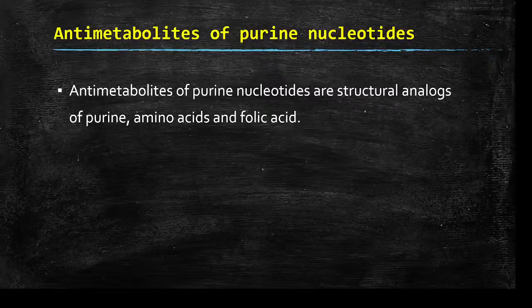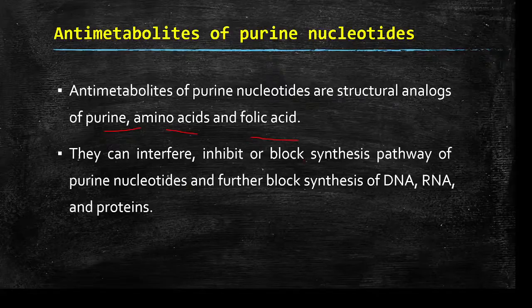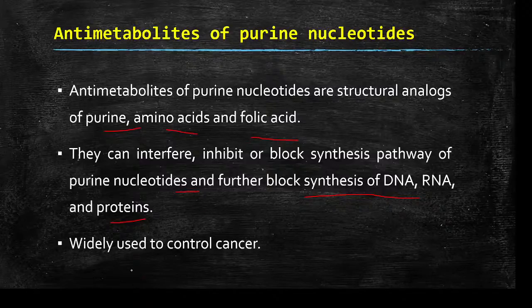Antimetabolites of purine nucleotides are structural analogs of purines, amino acids and folic acid. They interfere with, inhibit or block the synthetic pathways of purine nucleotides, and further block the synthesis of DNA, RNA and proteins. These antimetabolites are widely used to control cancer.